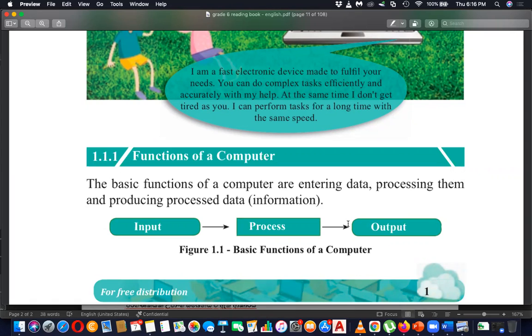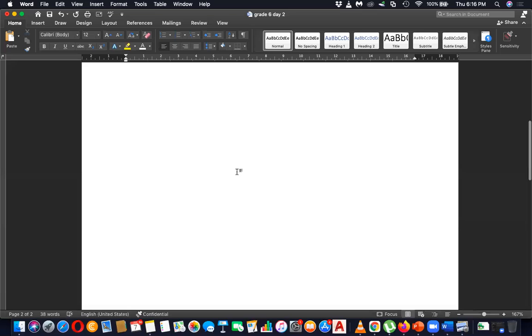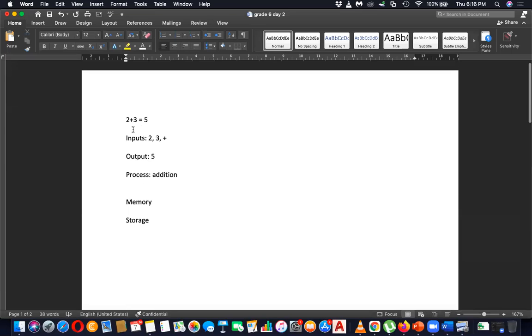Okay, let's give another example. Let's erase this. What is the answer if you add 2 plus 3? It's 5.